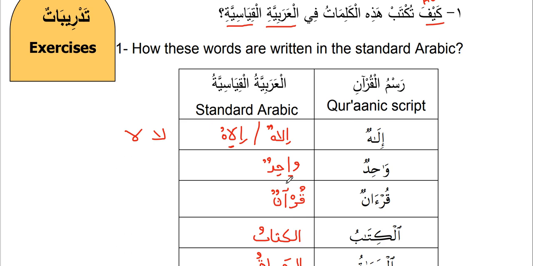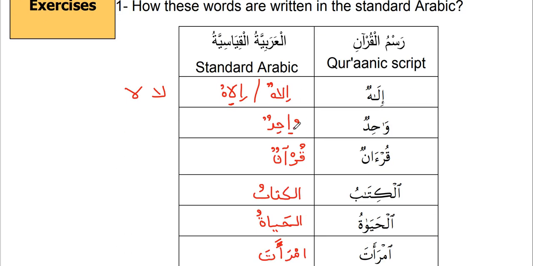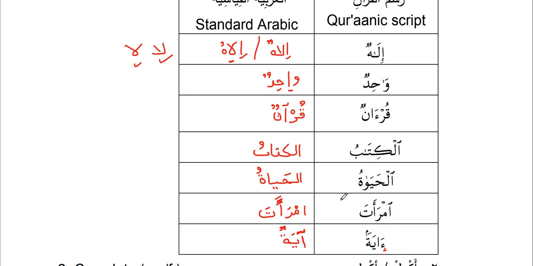In standard script, you may write ilahun as this lam alif, or you can also do this or this. Both are correct, ilahun. Since you can see there is a small alif saghira, we don't write it in standard Arabic; we always write with the long vowel alif. Wahidin, in normal standard Arabic, you write like this. I have given all this because this is really very new for you, so you can copy these down.